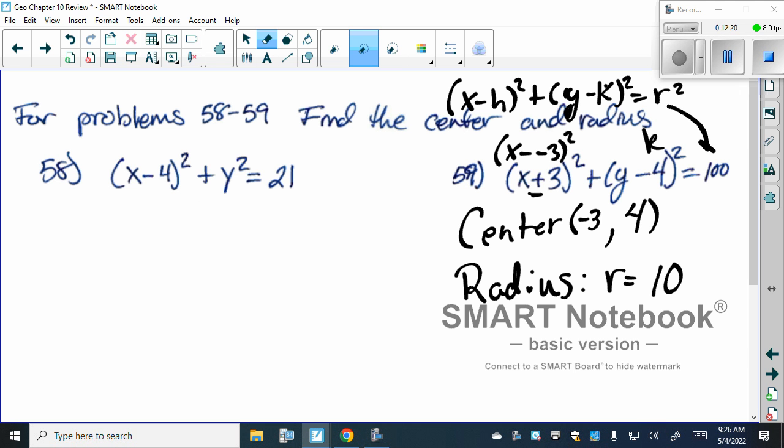Now, for this here, r squared is 100. The radius squared gives us 100, yes? So to find out what the radius is, I have to take the square root of 100. And the square root of 100 is 10.